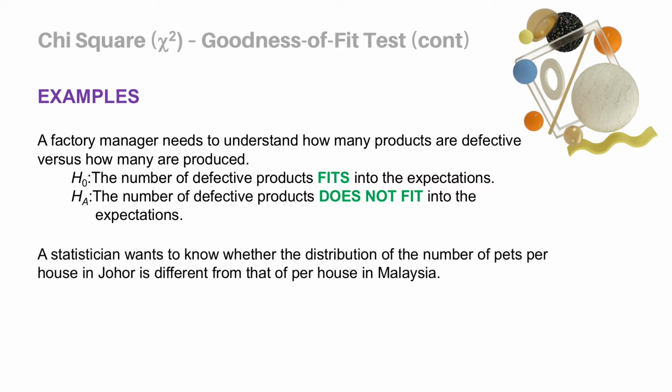The second example is given here. A statistician wants to know whether the distribution of the number of pets per house in Johor is different from that of per house in Malaysia. You can see clearly that there are two samples. The first one refers to the Johor sample, and the second one is the Malaysia sample, which is also known as the hypothesized distribution.